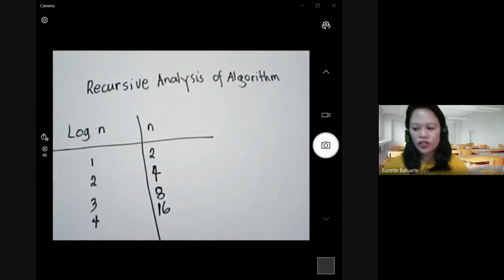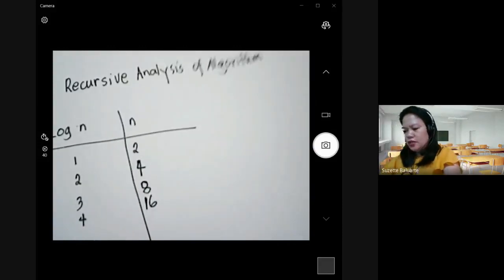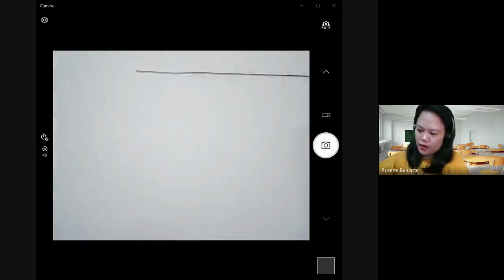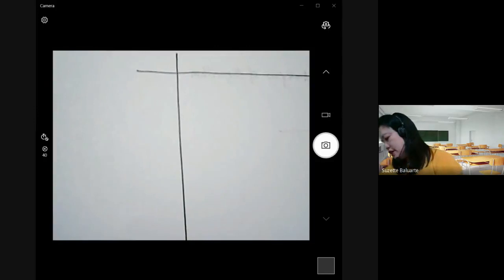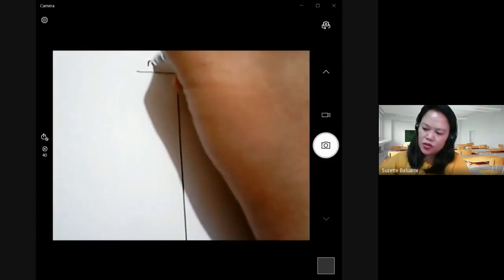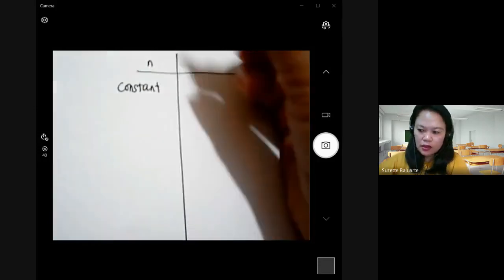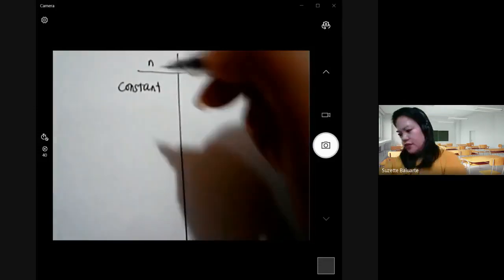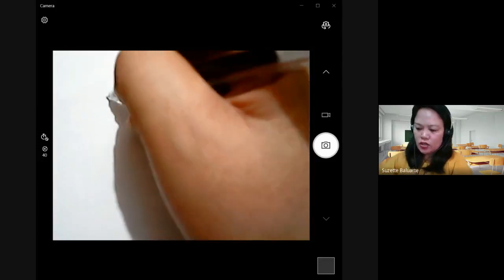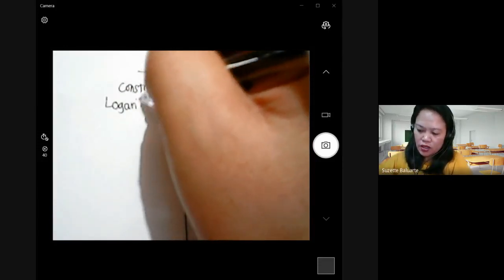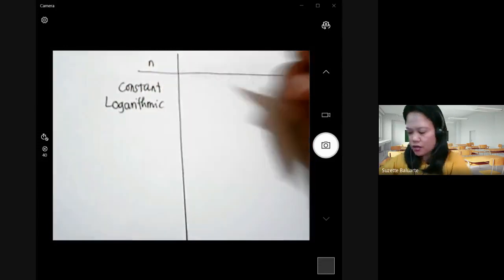So I think you know that one. So see, for example, I will draw it. You have there the n. So I think you know it. What is that, constant? Then what is next? Logarithmic.